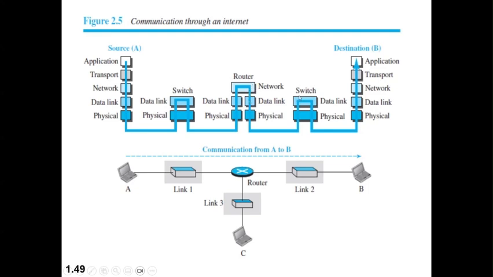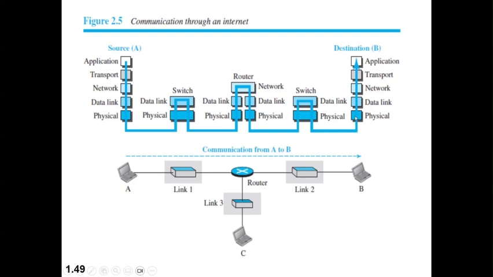So it will find the address of the nearest switch. That is, the data link layer here finds the address of the nearest switch. It will add that address and send it to physical and again come over the bus. So again in link 2, the data has gone through physical and data link and it will see destination is B, not for itself. So it will pass the data.